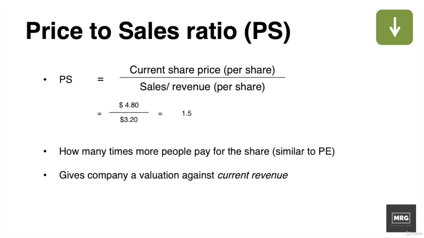Because if you have a PS ratio of, say, 10, this means that it is slightly on the higher side, because based on your sales today, people are willing to pay 10 times more, and it doesn't justify us as an investor to pay 10 times more, for instance, based on your current capability to generate sales. So the lower the PS ratio, the better it is.